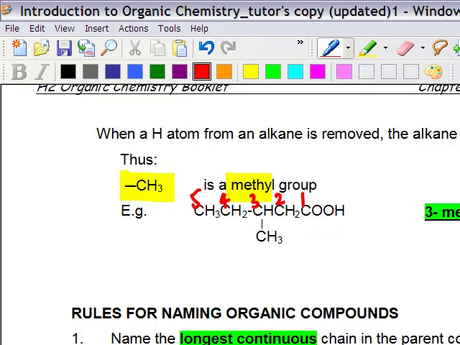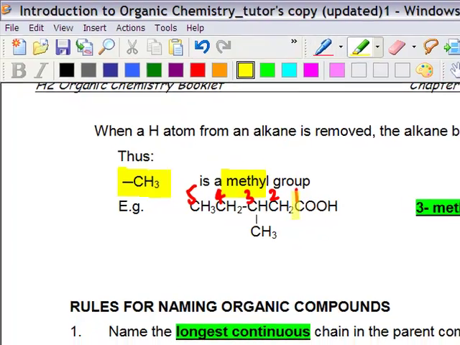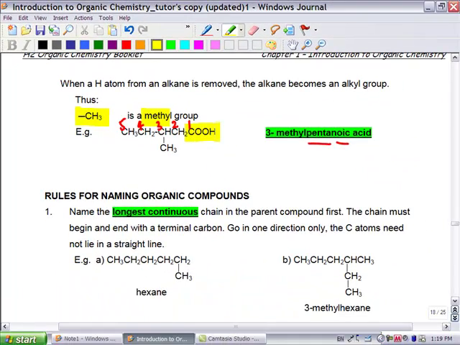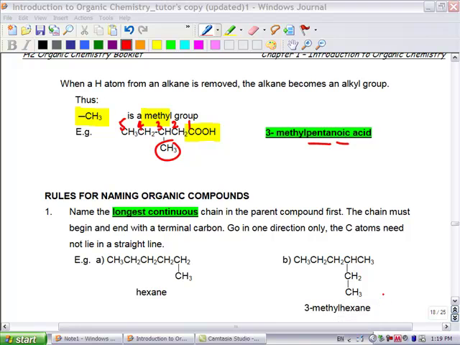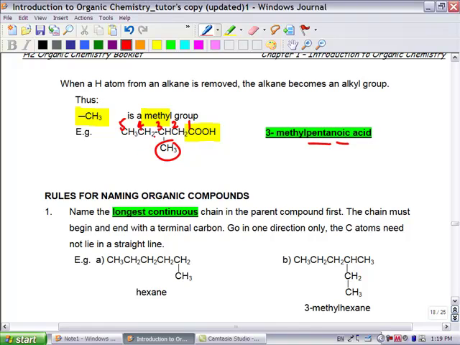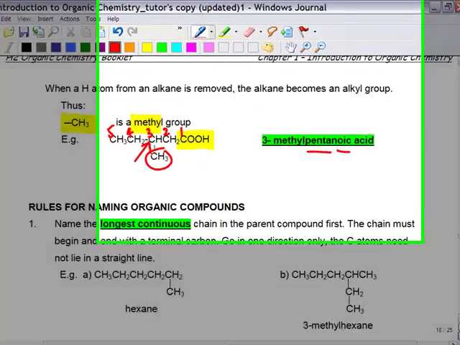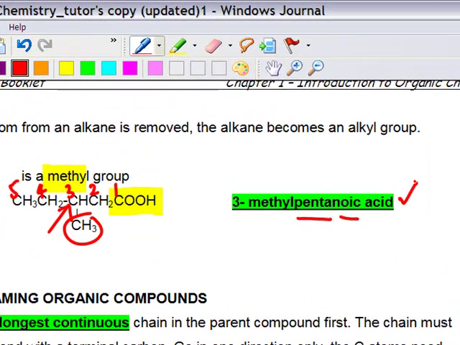It's an -oic acid because it belongs to the carboxylic acid family. The methyl group here acts as a side chain and is known as an alkyl group. It is found at the third position, hence it is 3-methylpentanoic acid.